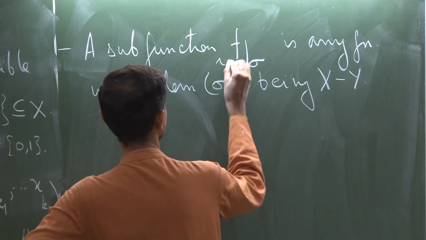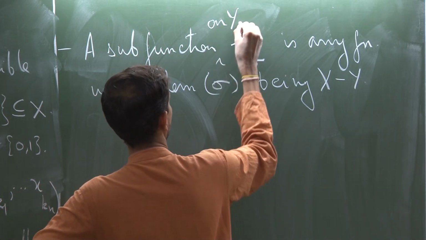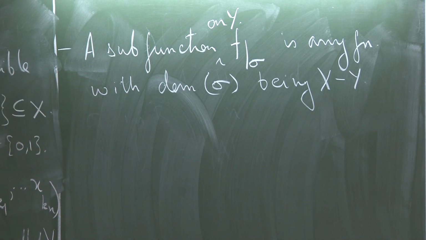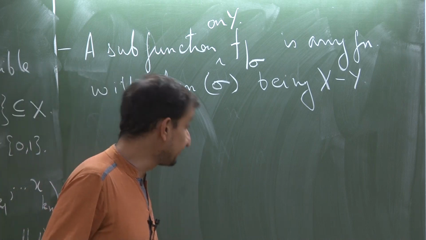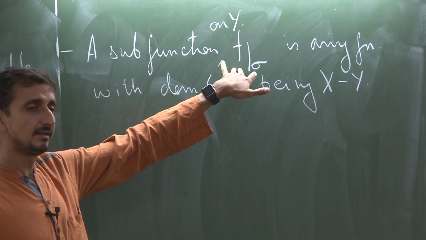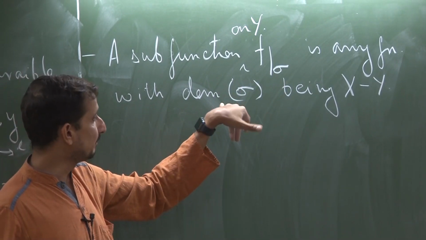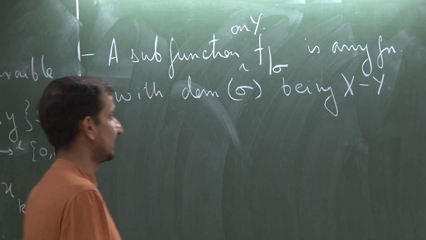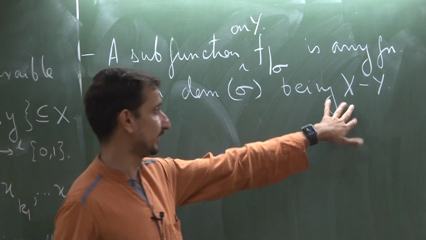A subfunction on y is f sigma. So basically what this is saying is that if I take any y, any subfunction on y is basically a function sigma on this domain x minus y.